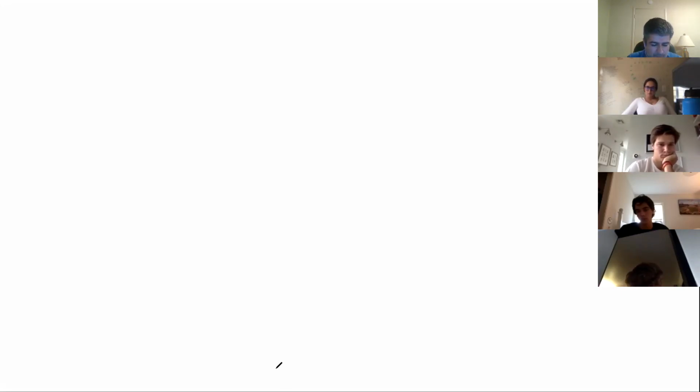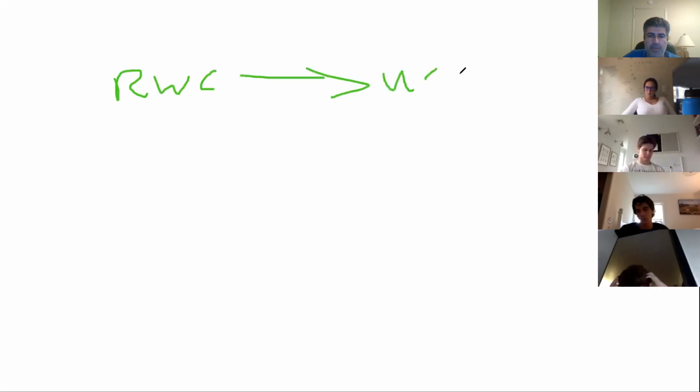Let's see, let me go to the Visitor Information Center. Okay, so it says about 470 miles, and it'll take me about 7.5 hours. If I want to take the scenic route, it takes 8.5 hours, but it's okay, we'll take Highway 5. Okay, so from RWC, where I am right now, to UCSD, it's 470 miles.